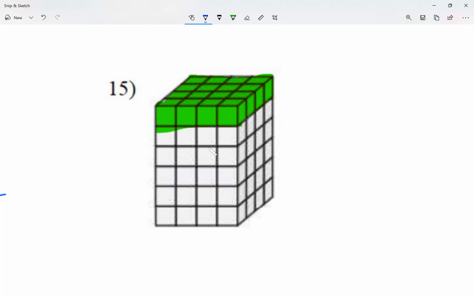Okay, I got 16. The second layer, let me highlight this in yellow. Again, keep in mind there will be some that are blocked from our view, but they are there. Okay, I got 16 as well.